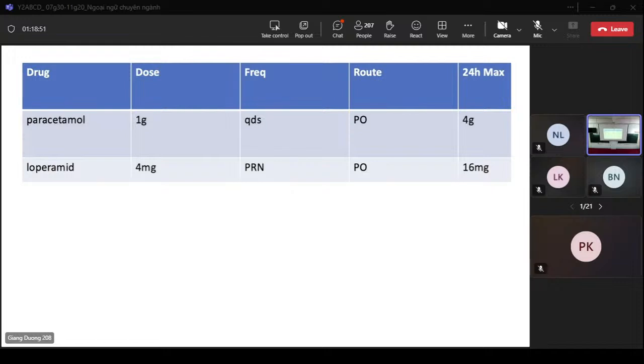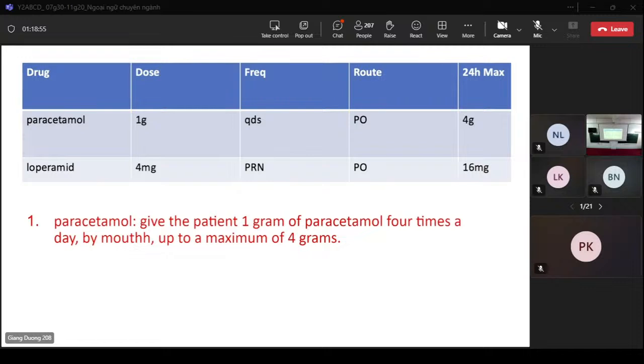The first two, paracetamol and loperamide, 1 gram, 4 times QDS, 4 times quarters, PO by mouth, and up to maximum 4 grams. You don't need to take pictures. I'm sending to the groups. Okay.